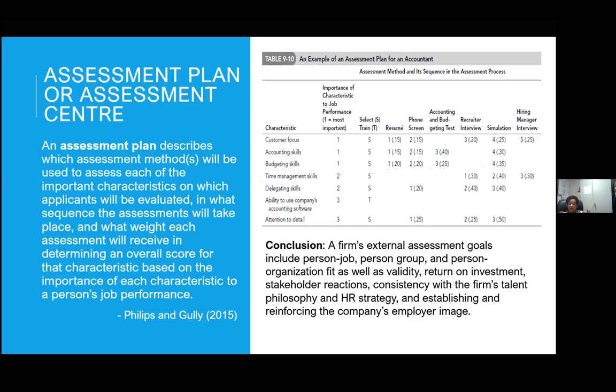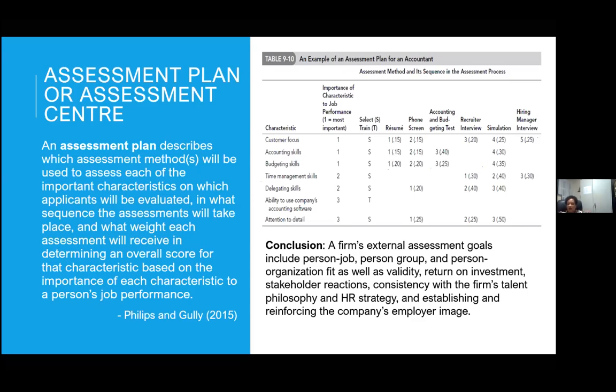At the end, depending on the position, they would see who demonstrated good leadership, who demonstrated good coaching skills, who was a good team player, and overall who emerged as the leader, for instance, if it was a leadership position. But they would segment all the things.